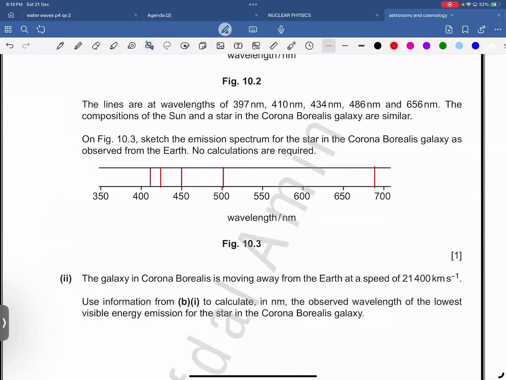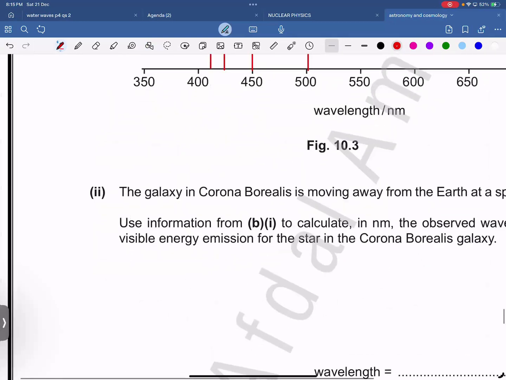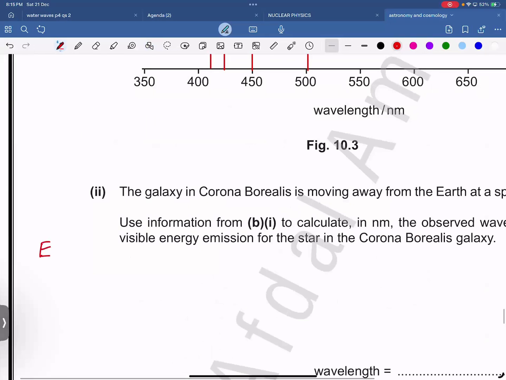The galaxy in Corona is moving away from Earth at this speed. This is called the speed of recession, V, my dear students. Use the information to calculate in nanometers the observed wavelength of the lowest visible energy. The energy with wavelength equation you don't know yet, it is in quantum physics, but I can help you. E equals hf, which means E equals hc over lambda.